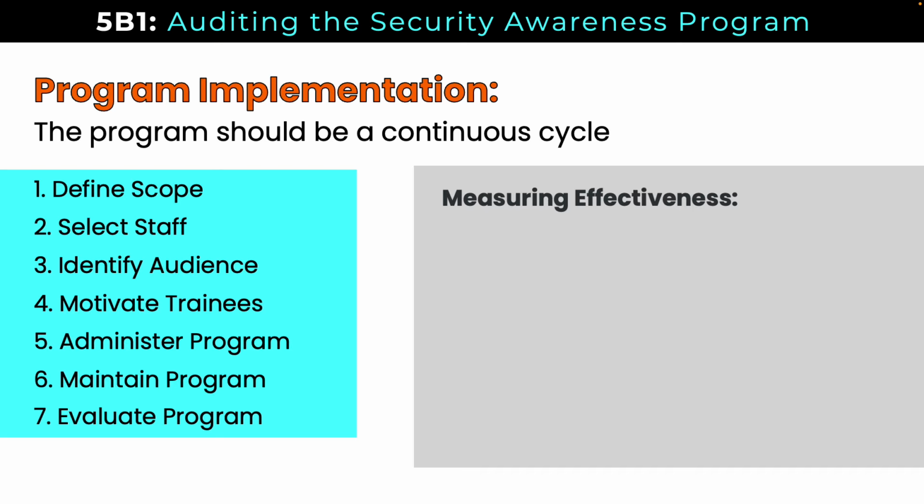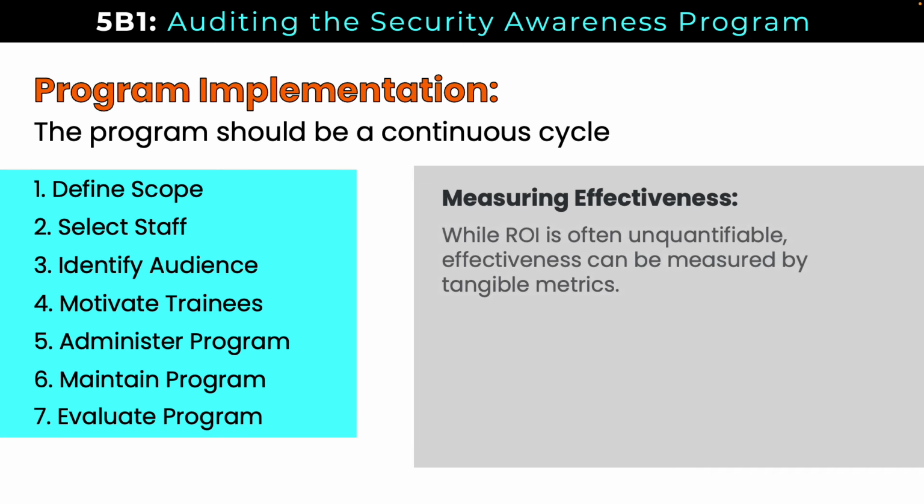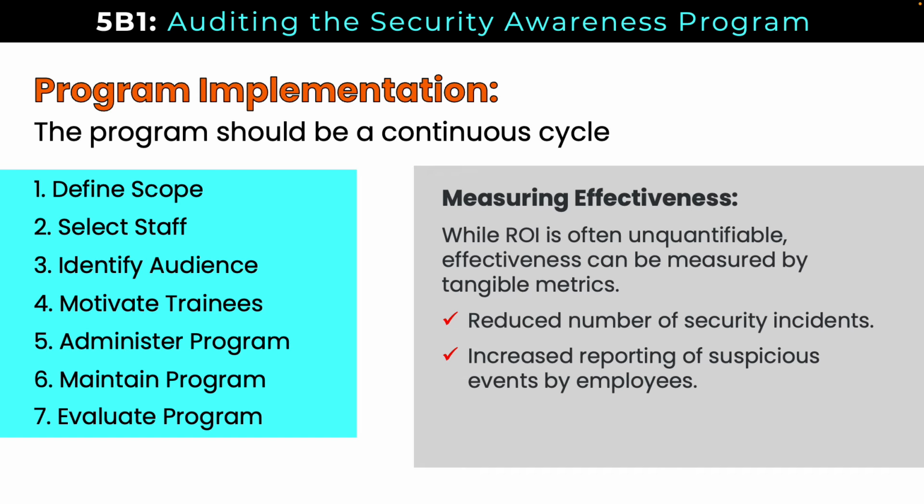But we also have to measure the efficacy of this training. So while return on investment is often not quantifiable, we can measure through some tangible metrics. For example, the reduced number of security incidents, increased reporting of suspicious events by employees, improved results from phishing simulation tests.